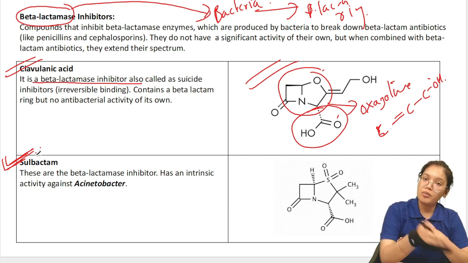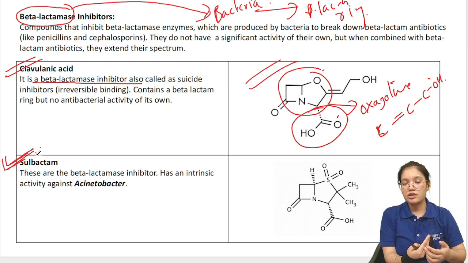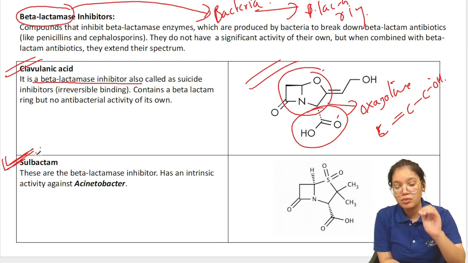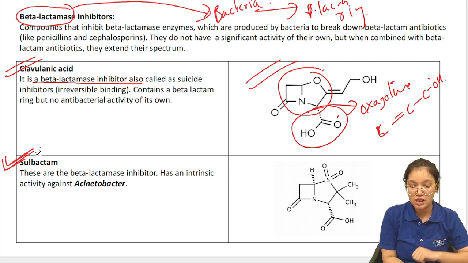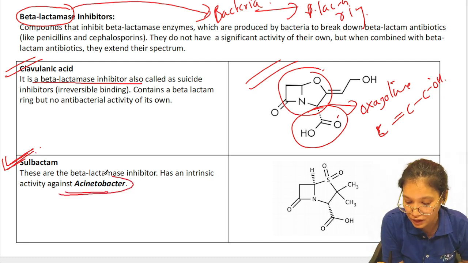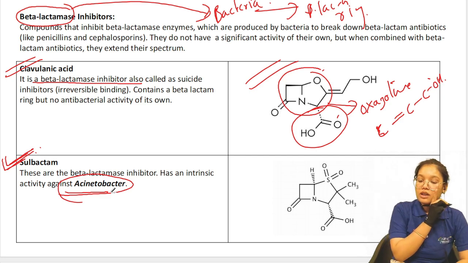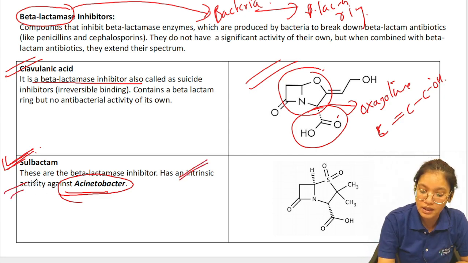They have to combine with some antibiotic to show their activity. But sulbactam has its own intrinsic activity against Acinetobacter.